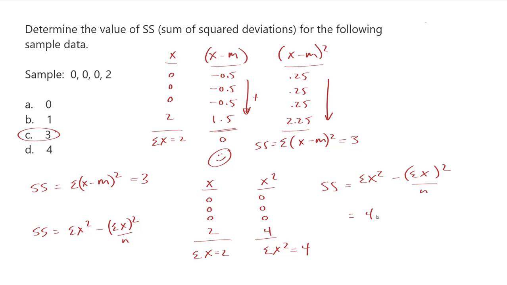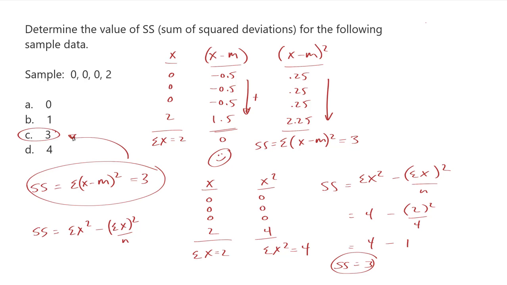This comes out to be 4 minus 2 squared over 4. What is 2 squared? That's 4 divided by 4. This is going to be 4 minus 1, because 4 divided by 4 is 1. This gives me 3. So we get the same result that we got using the definitional formula. The answer is 3.